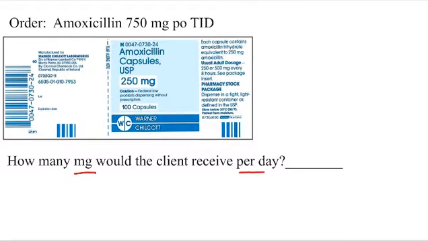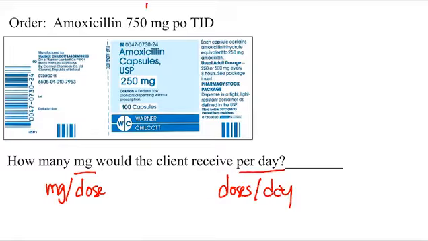Milligrams per day. Okay, milligrams per day. So I'm going to stay focused on this. What do I need to know to answer that? Well, I need to know how many milligrams per dose, and then I need to know how many doses per day. So I'm going to look up here and I see that I'm giving 750 milligrams per dose. How many doses per day?